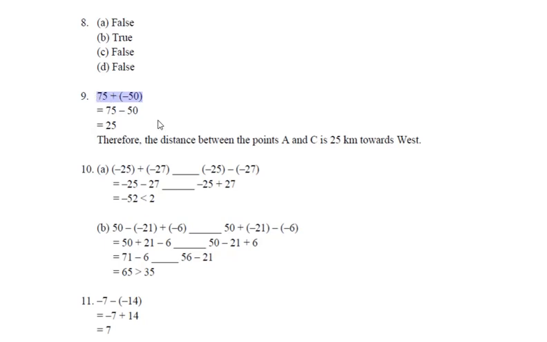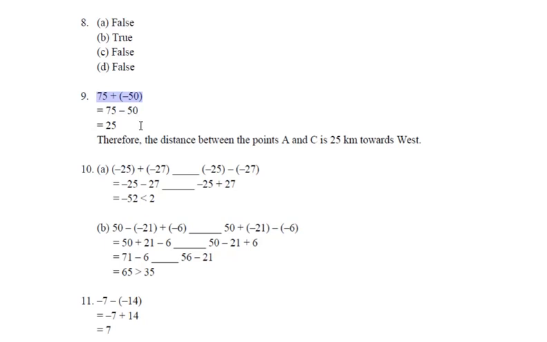Ultimately we just have to find the distance between the points A and C, so we just have to find the absolute value. Referring to minus as west and positive as east, you can also do it that way: minus 75 plus 50. We just have to worry about the absolute value of the number.